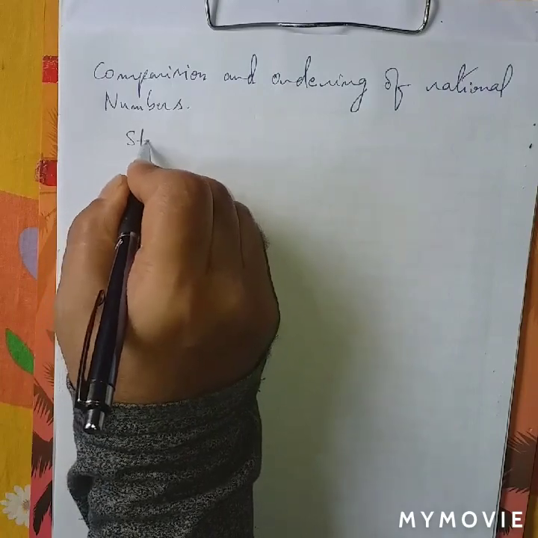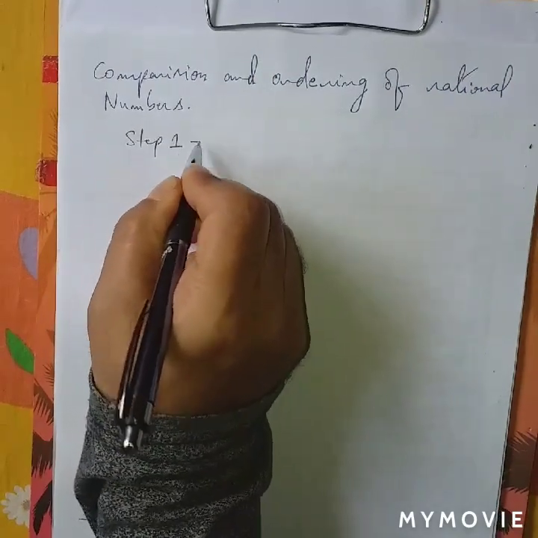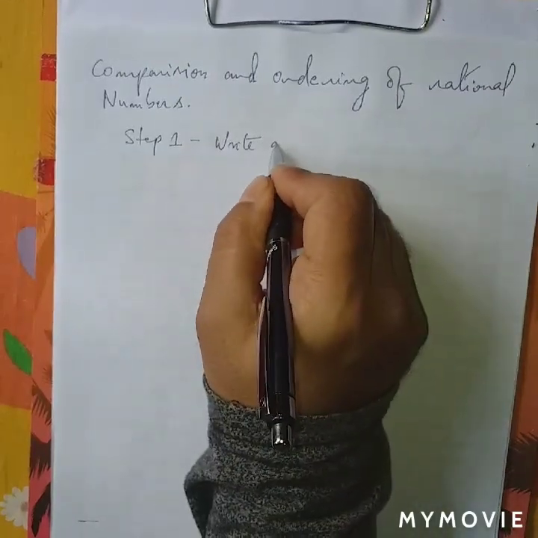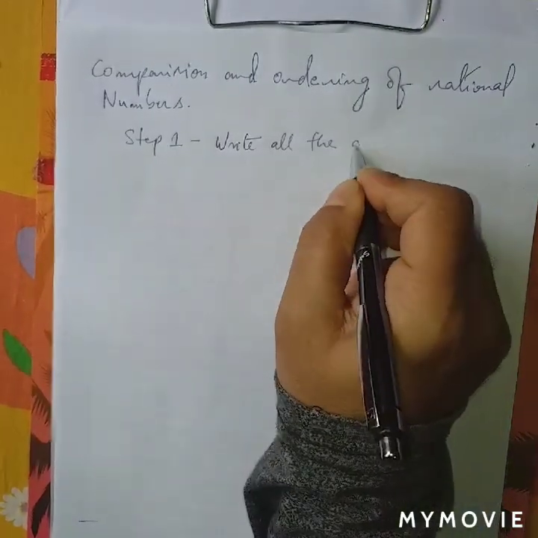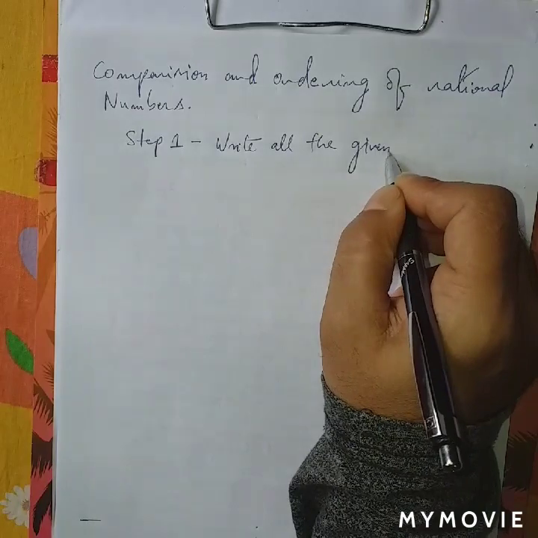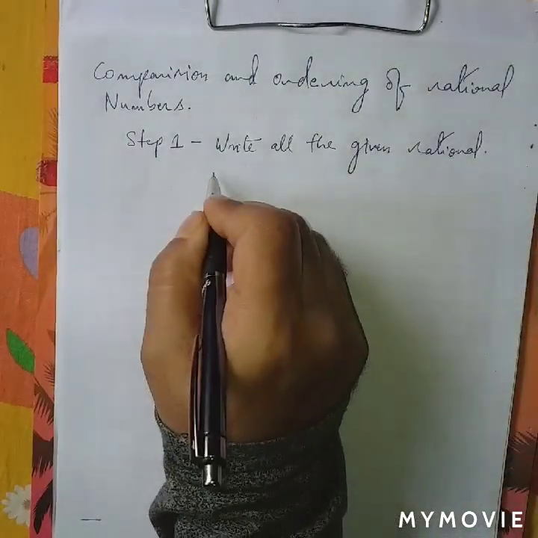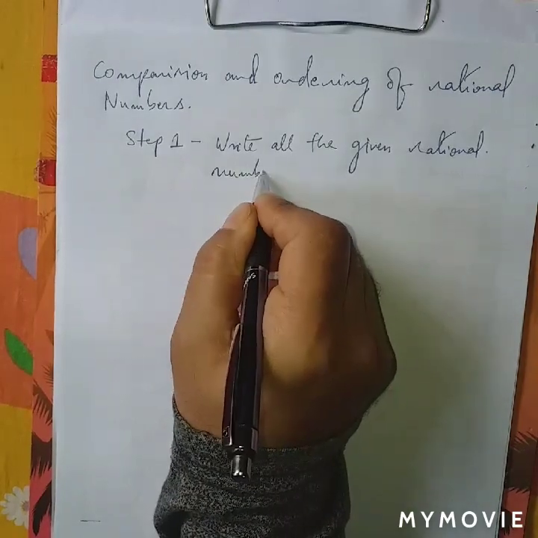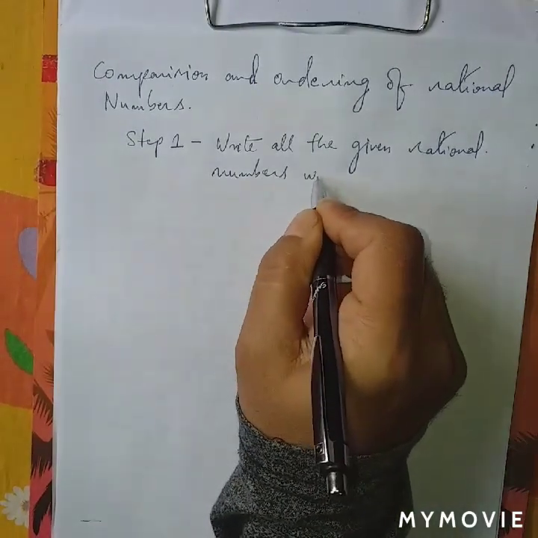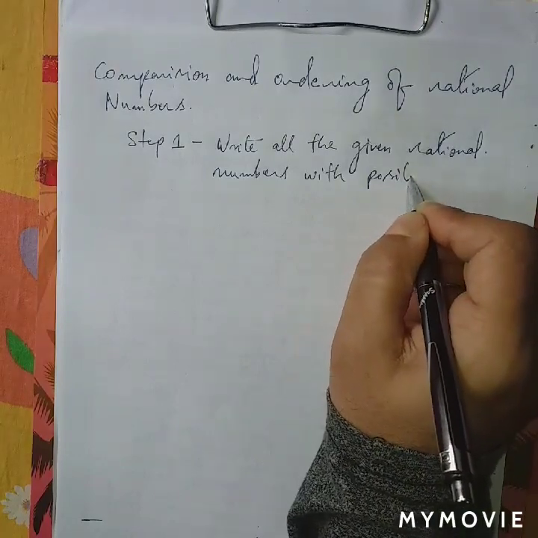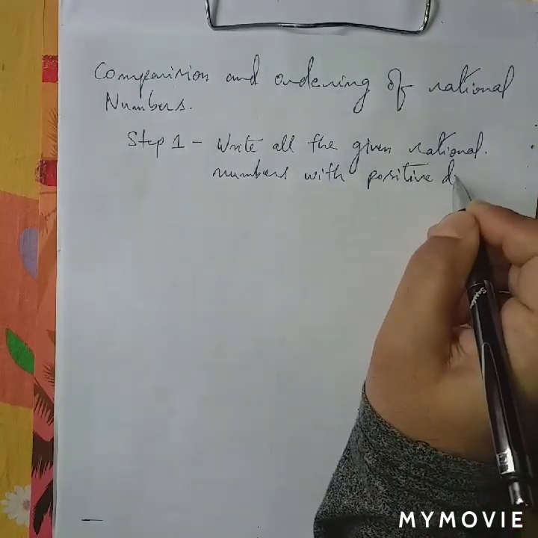Step wise we have to do. Step 1, first of all we have to write all the given rational numbers with positive denominators.